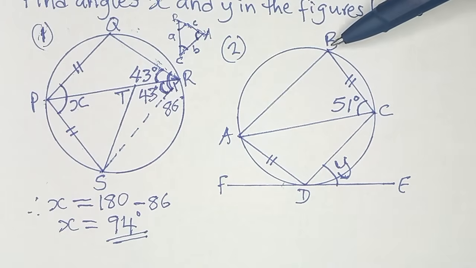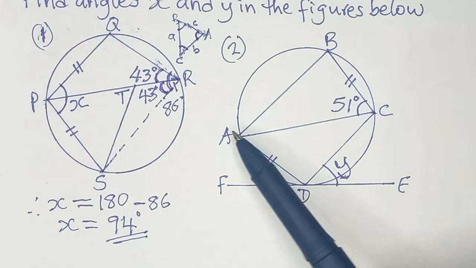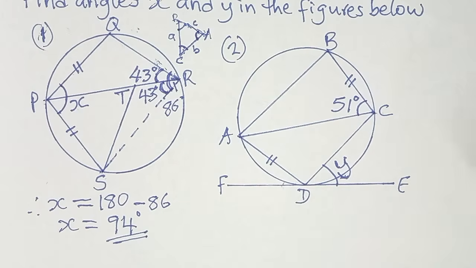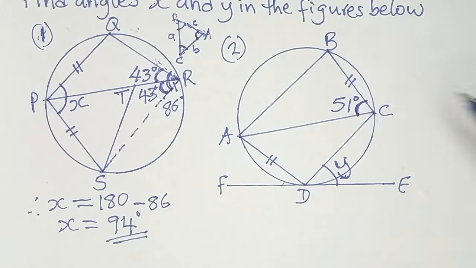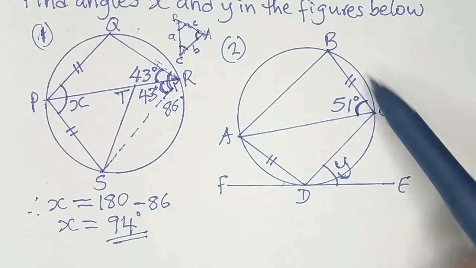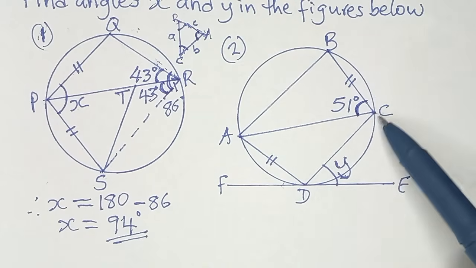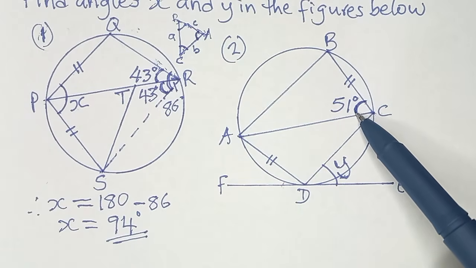Then BC and AC make angle 51 degrees at the circumference of this circle.